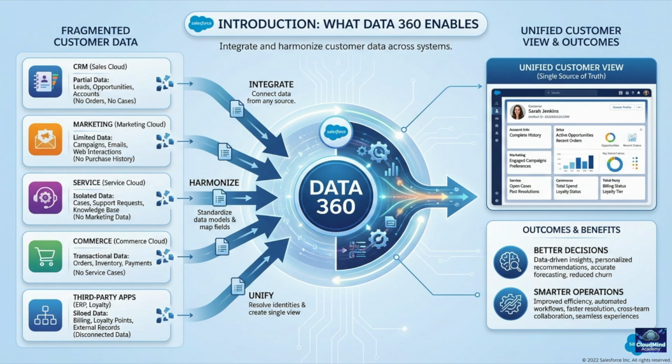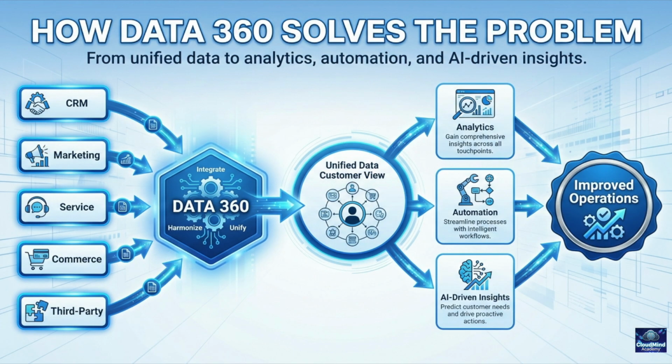The challenge is that each system often contains only parts of the customer story. Data 360 addresses this by bringing data together into a more complete and consistent view. With unified data, organizations can apply analytics, automation, and AI-driven insights to improve operations across the business.